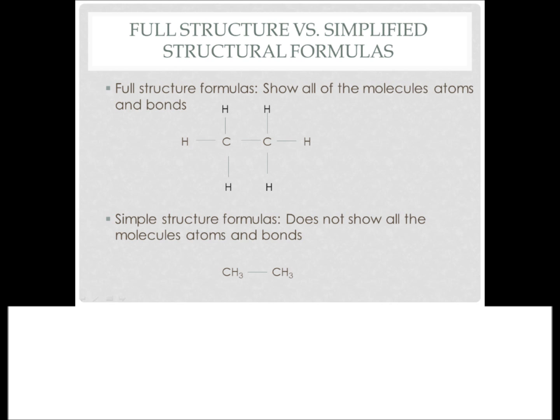So you could see here that C in the above diagram, that C shares a bond with 3 hydrogen atoms, and the next C or carbon atom shares 3 bonds between 3 different hydrogen atoms, and there's also another covalent bond between the 2 carbon atoms. If you look at the simplified structure formula, you can only just see the bond between the 2 carbon atoms.